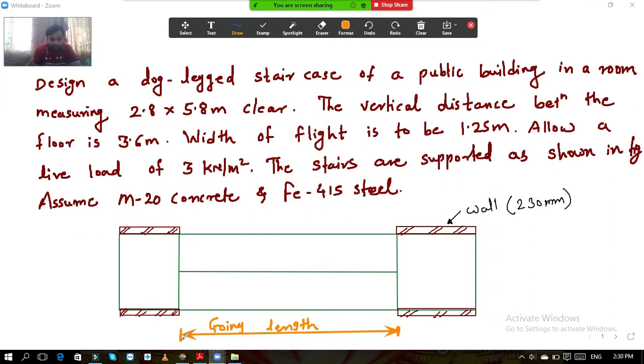So this length we have calculated, and it is 3080 mm.